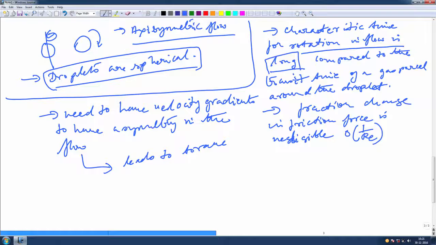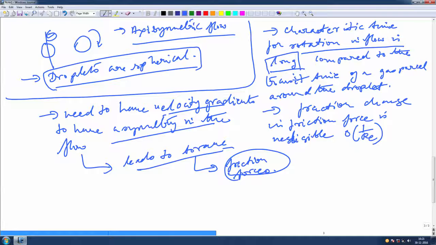And this torque is further dependent on the friction forces, and friction forces we know depend on the velocity gradient, from the normal viscous shear. So, velocity gradients lead to asymmetry, lead to torque, which is due to the origin of these friction forces over here, right.